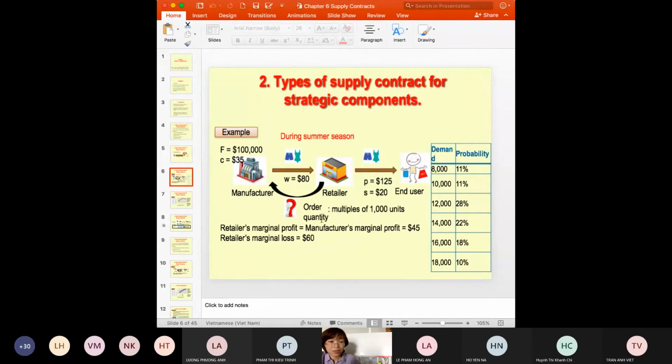So right now the question is the order quantity: how many should the retailer order from the manufacturer?